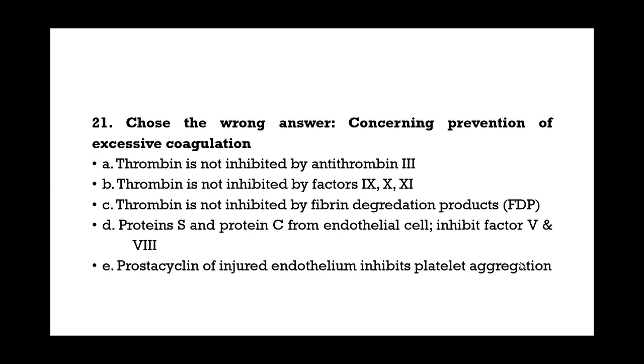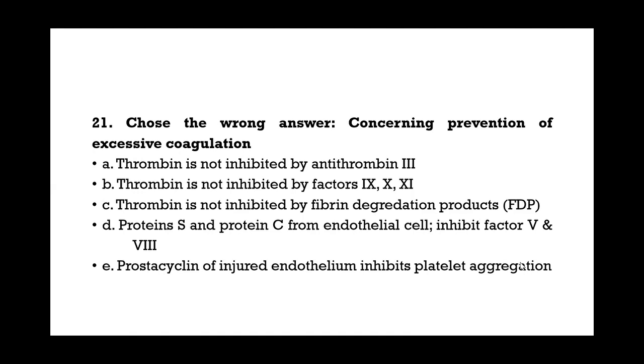Choose the wrong answer concerning prevention of excessive coagulation. Now, we are looking for an except, the wrong answer. A, thrombin is not inhibited by antithrombin 3. B, thrombin is not inhibited by factors 9, 10, and 11.